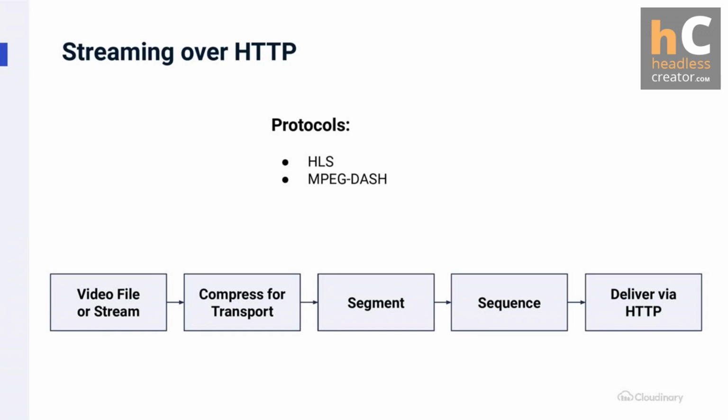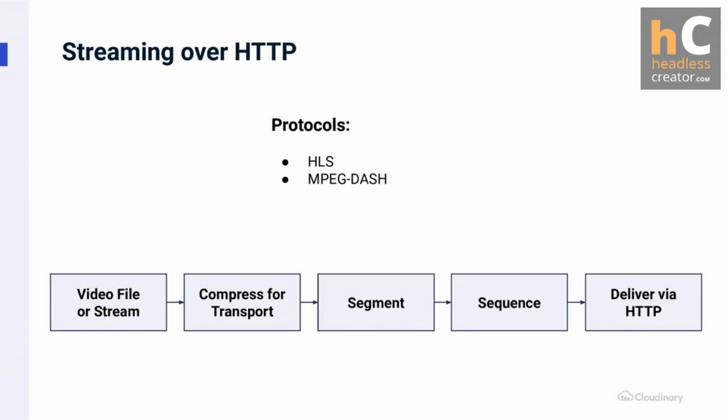So you break the video down into segments, and then you have to send it back to the browser or the device requesting it. You have to send it in the right sequence, so you have to tell the browser or the device that this is segment one, this is segment two, and so on. Finally, you need to deliver it over the internet, and the most common protocol available is HTTP. That's what we use. So that's a very high-level overview of what streaming is all about.